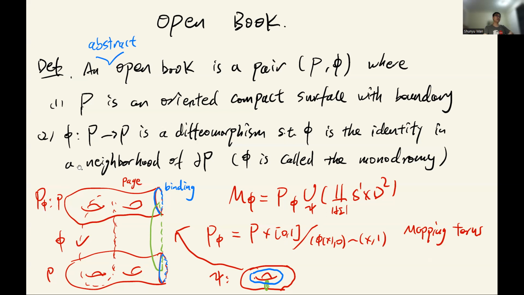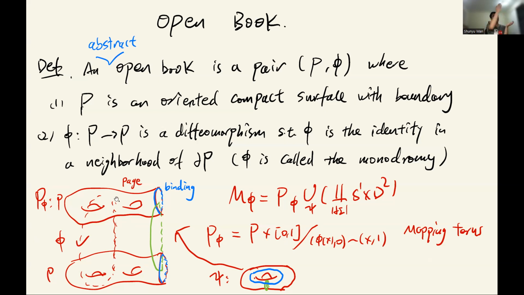So this is a picture of P_φ. In other words, we first take P cross the interval I, and we glue the top and bottom, P_0 and P_1, by the monodromy φ.